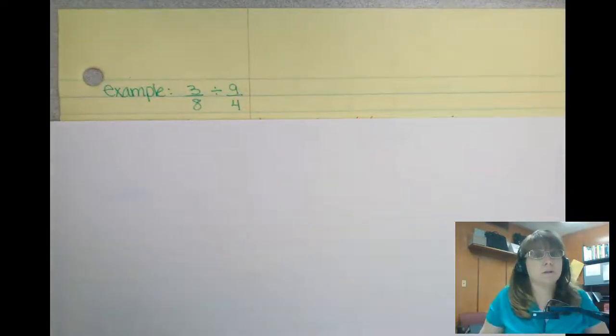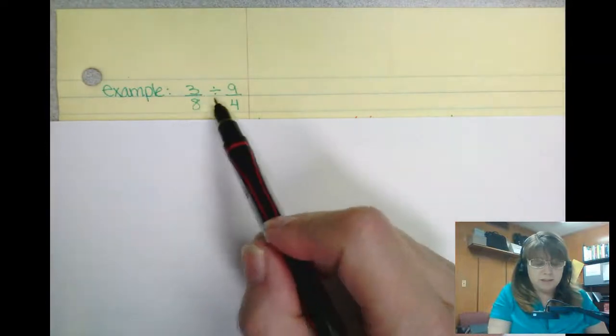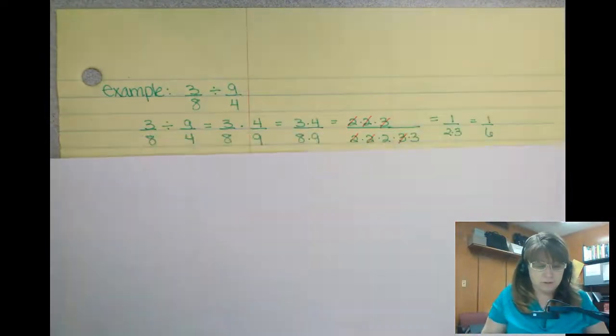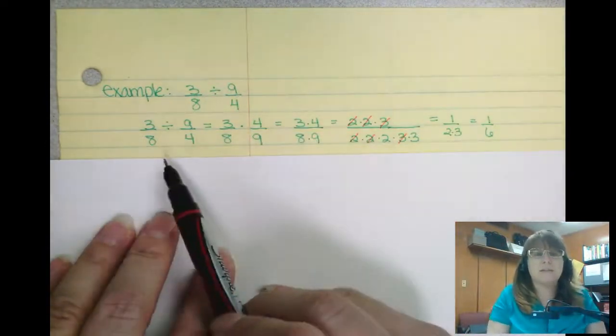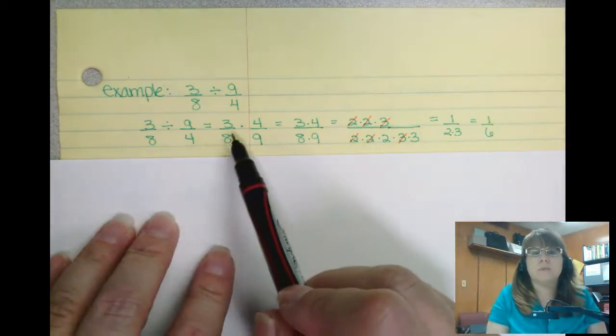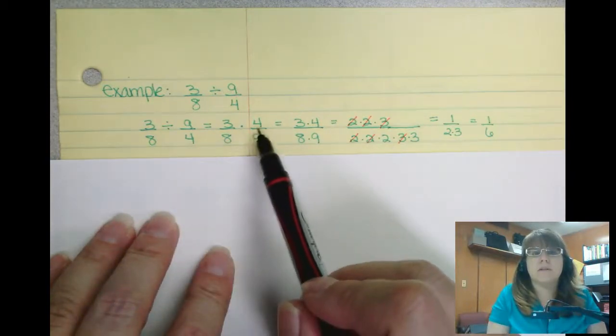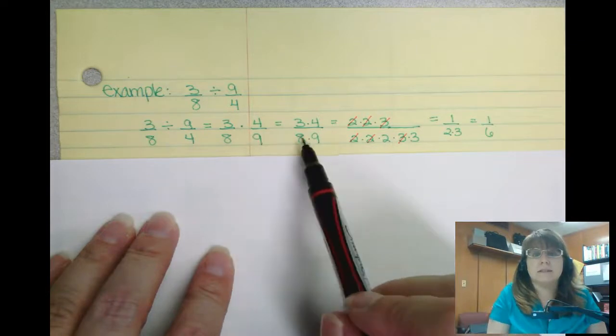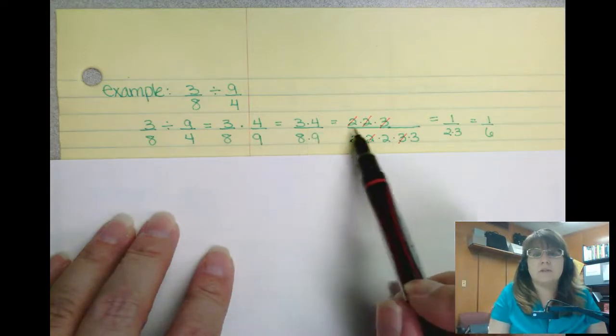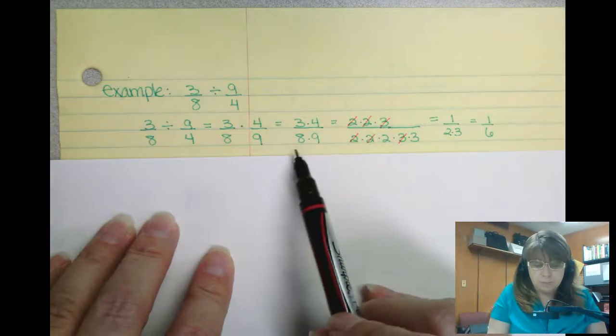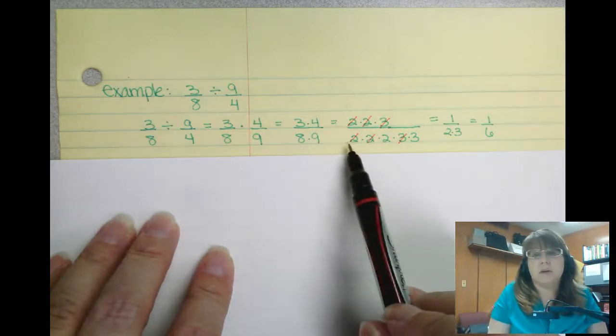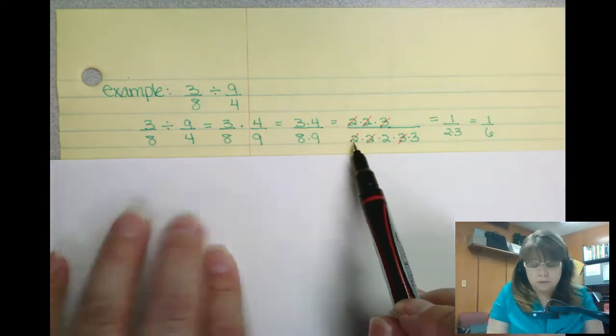Let's see another problem. 3/8 divided by 9/4. So 3/8 divided by 9/4 is 3/8 times 4/9. Let's break down the numerator into its primes and break down the denominator into its primes so we can see what we can reduce.